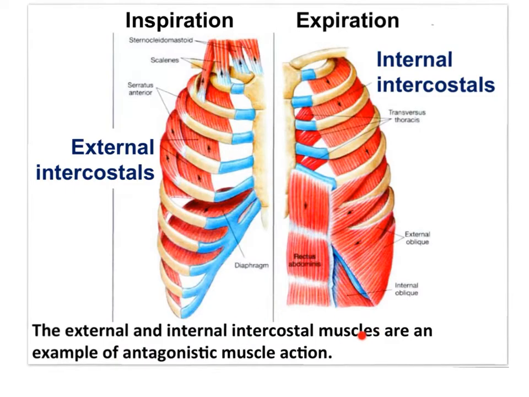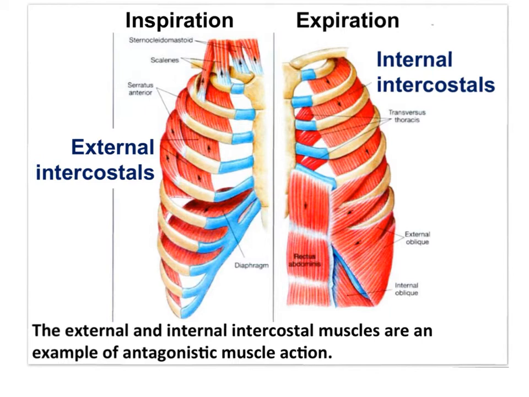The intercostal muscles of the ribs play a role in changing the volume of the thoracic cavity. The external intercostals serve to pull the rib cage up, increasing the volume of the thoracic cavity, thus pressure within the thorax goes down. The internal intercostals serve to pull the rib cage down, decreasing the volume of the thoracic cavity, thus pressure within the thorax goes up.